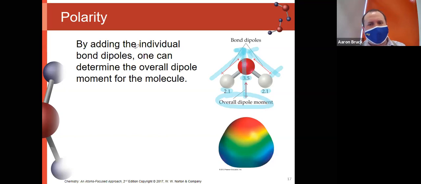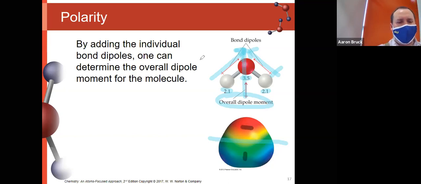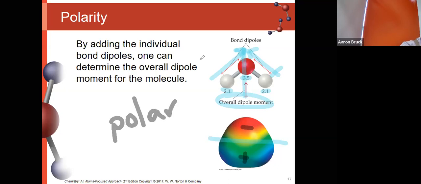And if I look at it from an electron density standpoint, I can clearly see there is an end here that has a net negative charge, and there is an end here that has a net positive charge. This is the molecule that we would describe as polar, because I have a negative end and a positive end in that molecule.